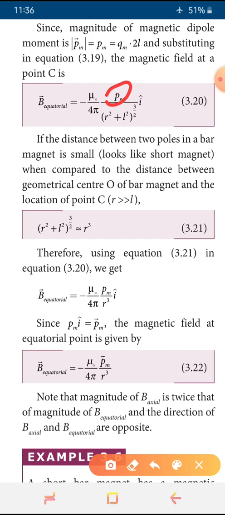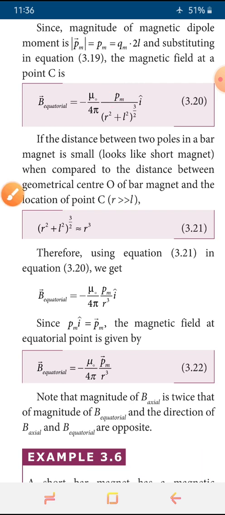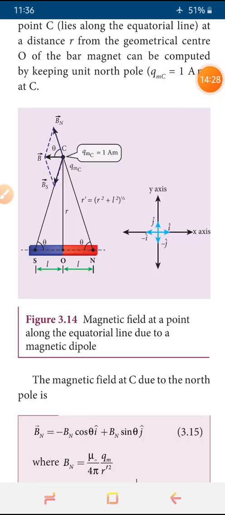Okay, and next we are going to give one consideration in this equation 3.20. We are giving a consideration on equation 3.20.